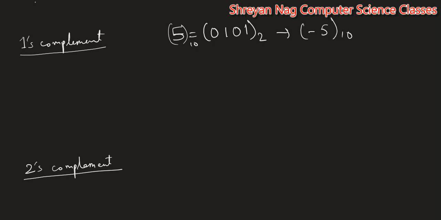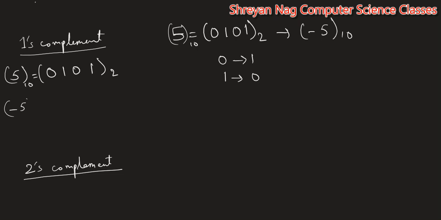Complementing basically means that you are converting 0 to 1 and 1 to 0. So 0 1 0 1, this is 5 base 10, obviously it is decimal, and this is your binary representation. So for 5 you need to complement it. From the very left we start like this. 0 becomes 1, 1 becomes 0, 0 becomes 1, and 1 becomes 0.